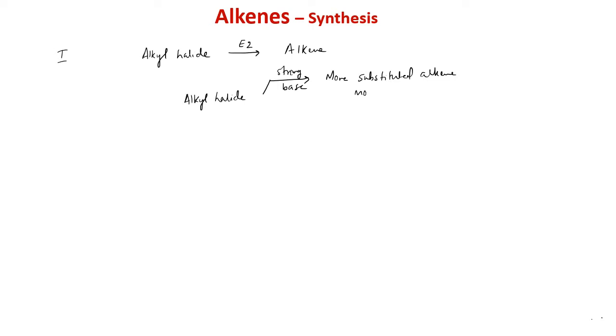Now, the more substituted alkene is also the more stable alkene. This is called a Zaitsev elimination.